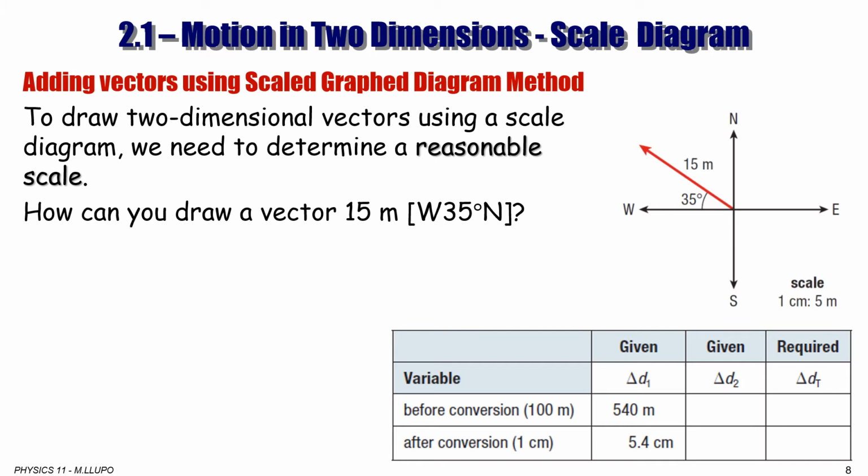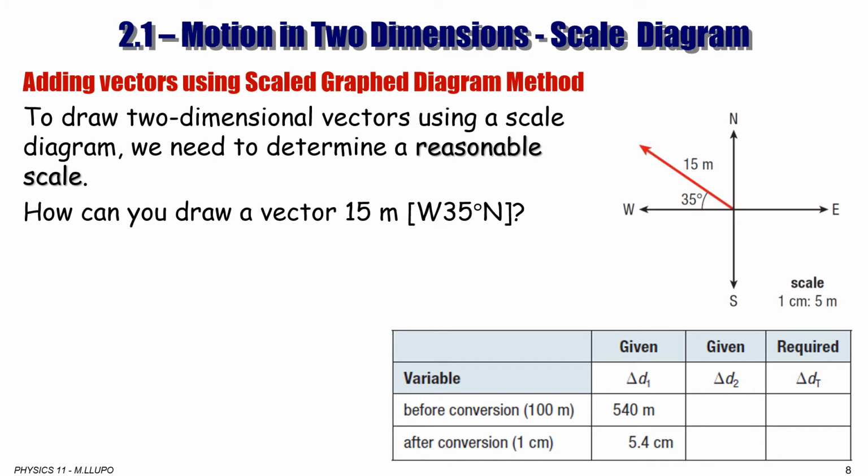But if you have another vector, you have to consider that as well, because the scale that you decide on has to be exactly the same for the second vector and for the total vector, to show the vectors proportionally. If the vector delta D1, for example, is smaller than delta D2, you draw delta D1 with that scale to show it to be shorter than delta D2.